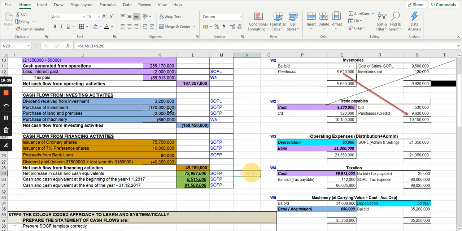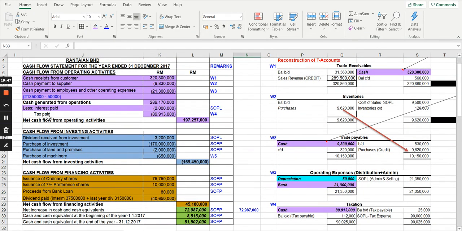Yes, it is the same as the total here in the net increase in cash and cash equivalent section. It must be the same. If it is not the same, it shows that some information is somehow wrong. Because that is what you have to do for your cash flow from operating activities.